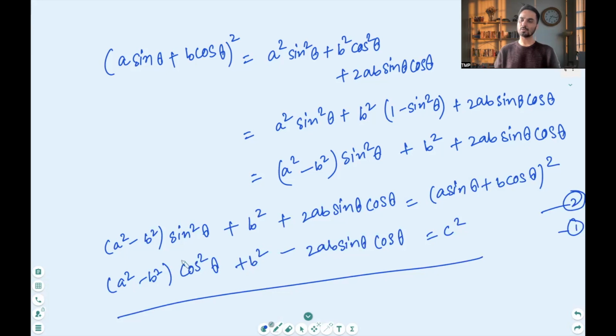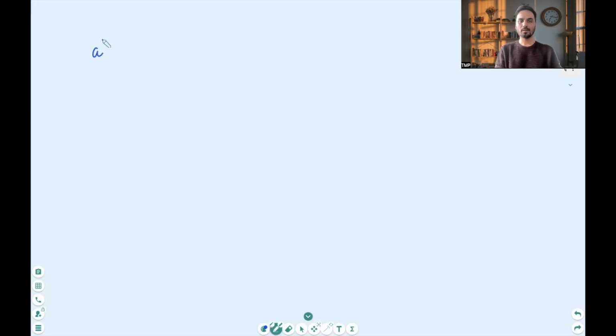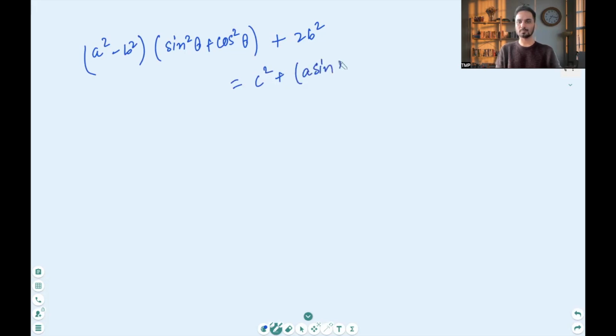If we add these two equations, we will be able to cancel out 2ab sine theta cos theta, and we will get a square minus b square times sine square theta plus cos square theta plus 2b square equals c square plus a sine theta plus b cos theta whole square.